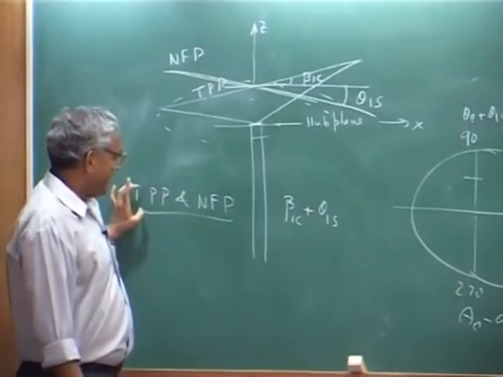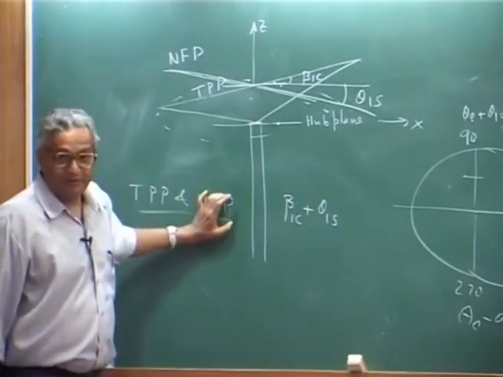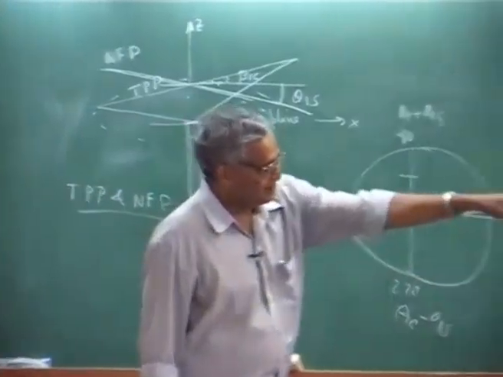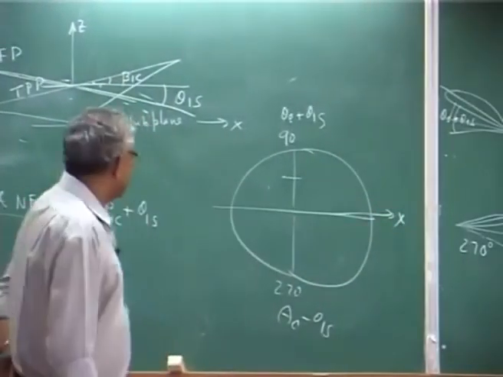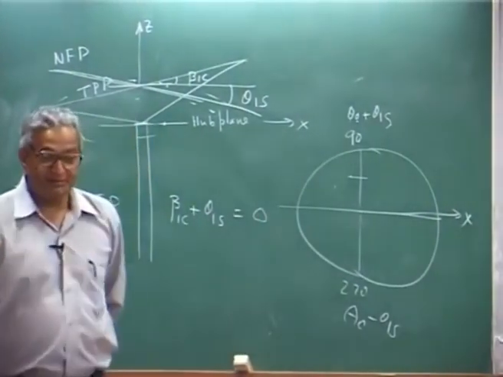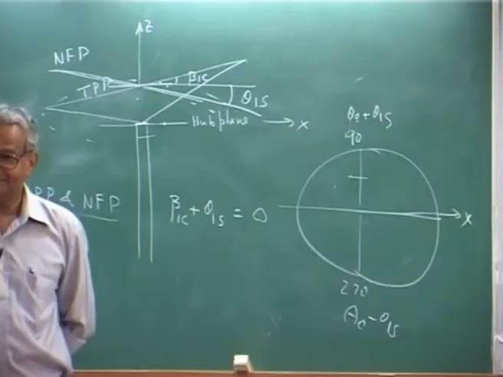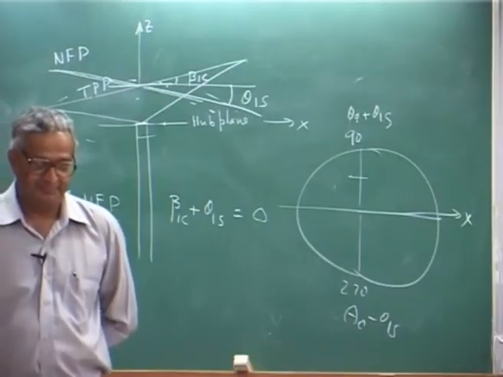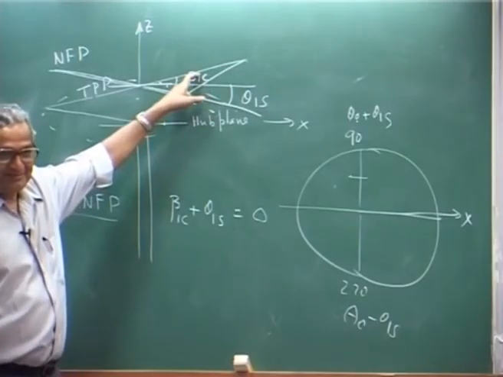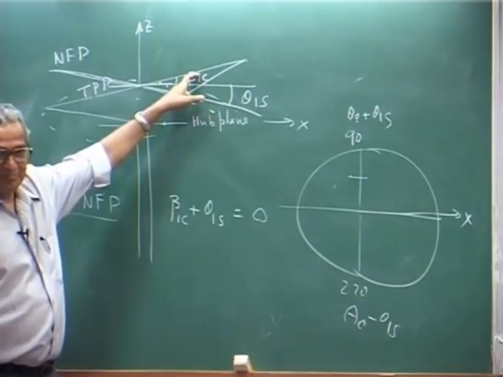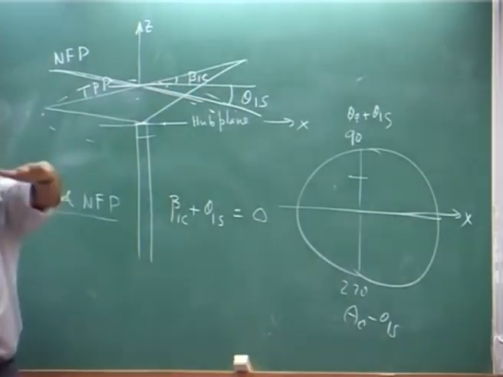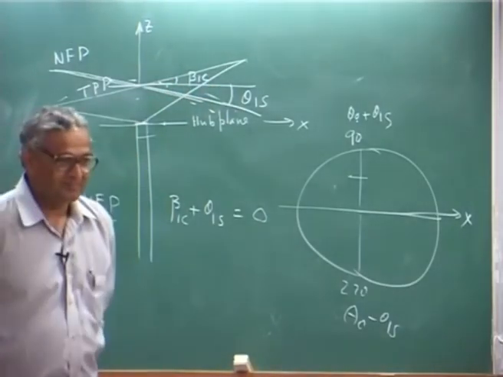Now, you see the angle between tip path plane and no feathering plane is this. In hover, you look at it, beta 1c plus theta 1s is 0. That means, these two planes must be parallel, that is this angle should be 0. Okay. This angle should be 0 means what? Both planes must be parallel.